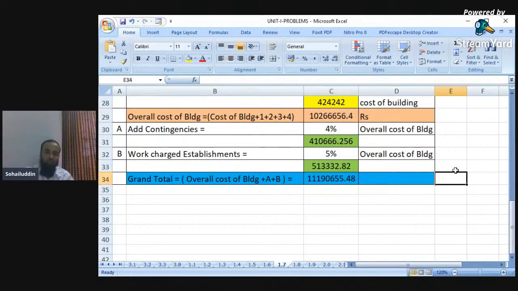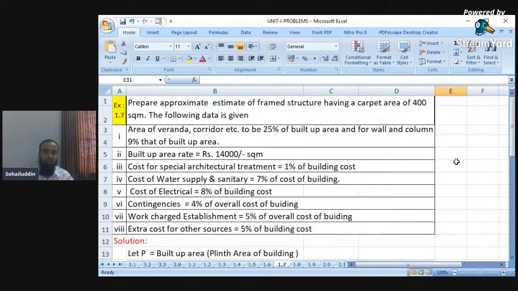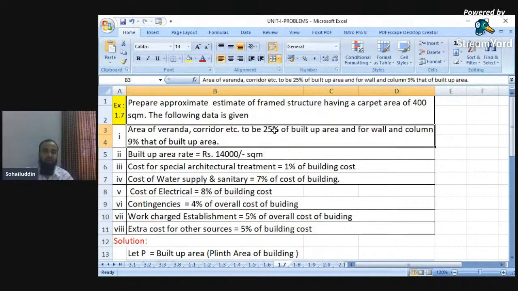So it is somewhat a different problem. In the last problems, we saw directly the plinth area into plinth area rate and the various subheads: electrification, special architectural treatment, and different heads. But in this problem, plinth area is not given directly. Here the percentage of area covered by plinth area is given, that is 25% of built up area will be covered in plinth area, and 9% of wall area will be covered by walls and columns.